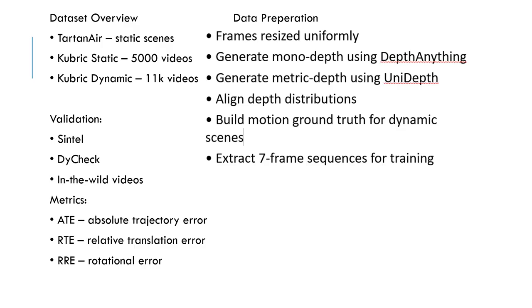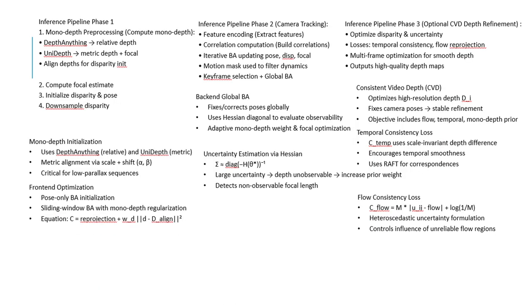That means generating mono depth using Depth Anything, generating metric depth using UniDepth, and aligning depth distributions. Then the second step is computing the focal estimate. Then we get disparity, initializing disparity and pose. Now downsample the disparity. This is the first stage of the pipeline.